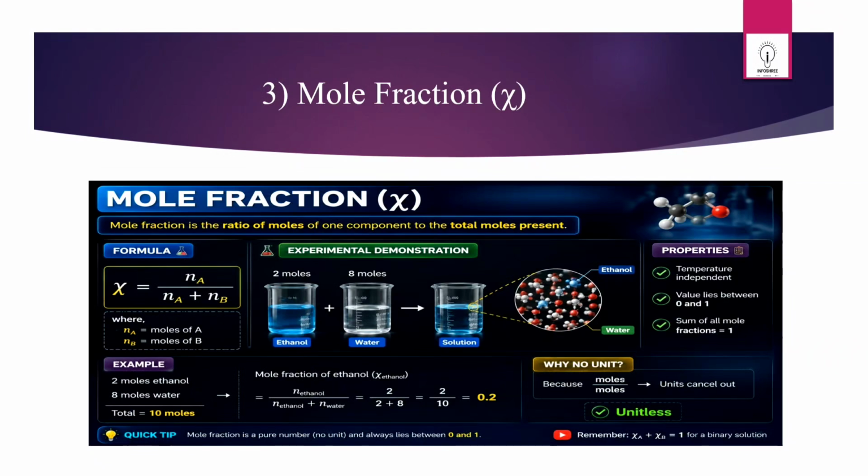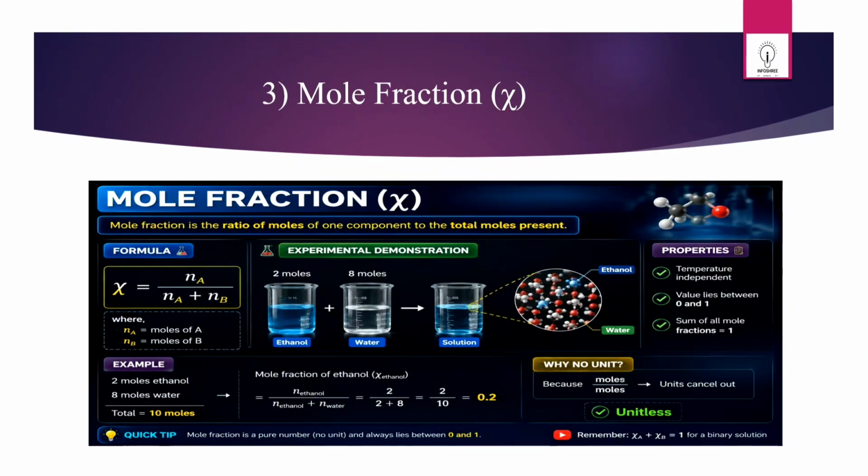Why no unit? When we studied the previous two things, they have a unit, but this one is unitless. Why does it not have a unit? Because both are moles only.